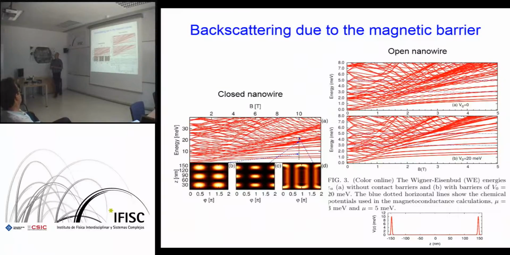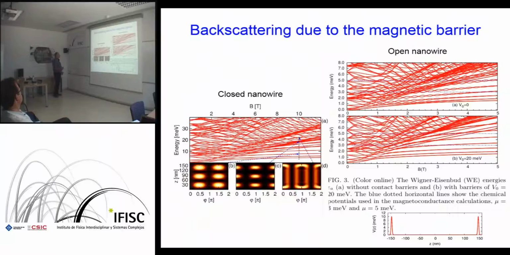By doing this, we have two advantages. One advantage is that we have a simple treatment, because of course including the magnetic field in the leads is another problem, and sometimes you want to avoid that, because physically the leads have a completely different physics than the nanowire, which is semiconductor. The leads might be metallic and whatever.